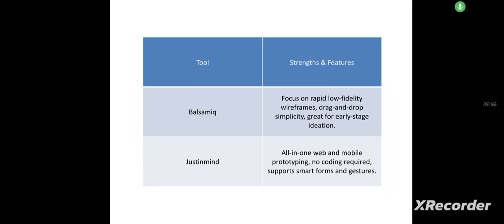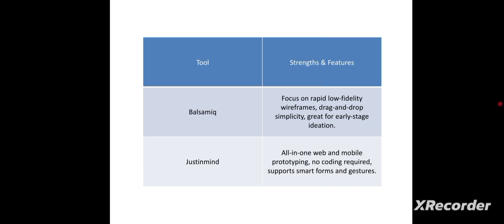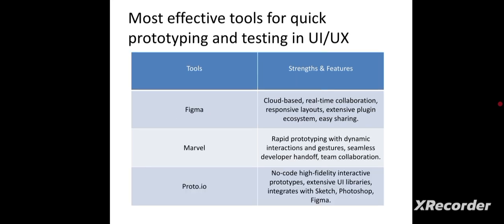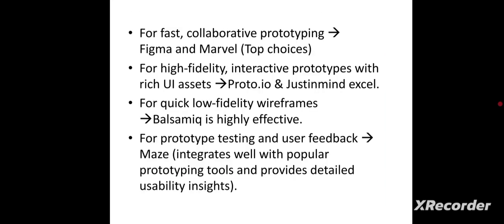Moving on to the tools, we are using the most effective tools for quick prototyping and testing. We are using tools like Figma, Marvel, Proto.io, Balsamiq, and JustInMind. For fast collaborative prototyping, Figma and Marvel are the top choices.